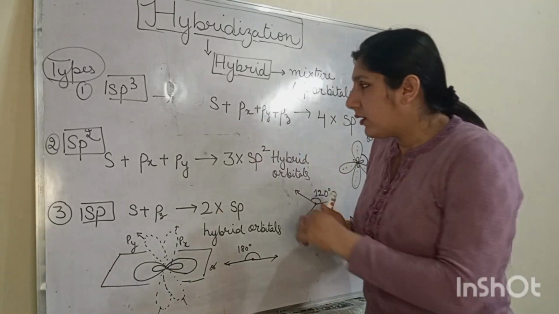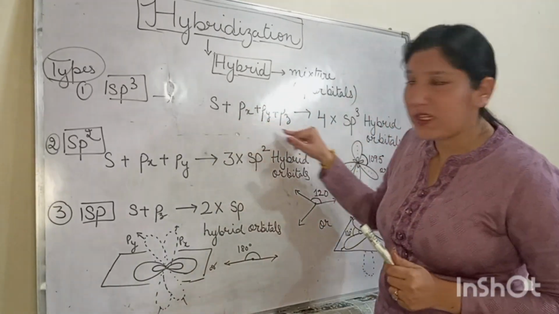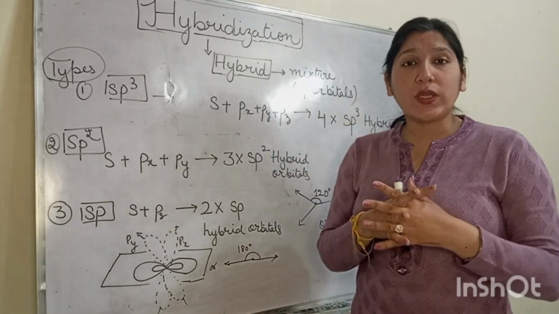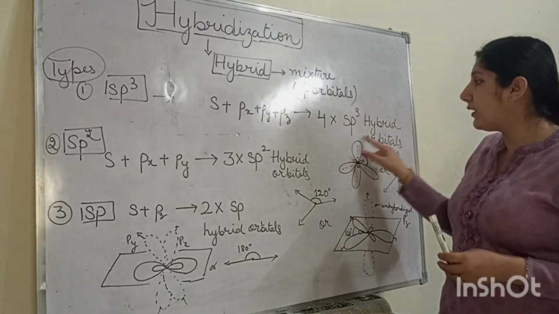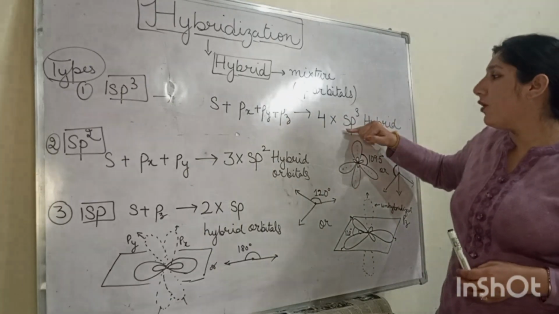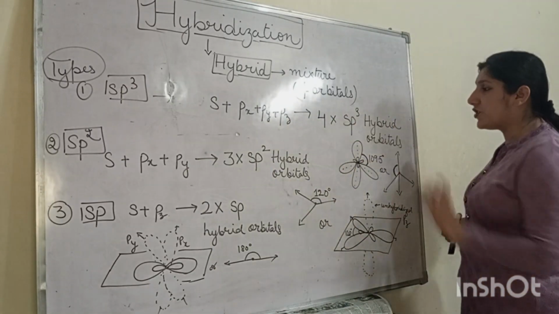We know that the energy of s orbital is slightly less than p orbitals, but when they mix together, they mix in such a way that the new hybrid orbitals that are formed out of the mixture, all four have same length, same strength and same energy.